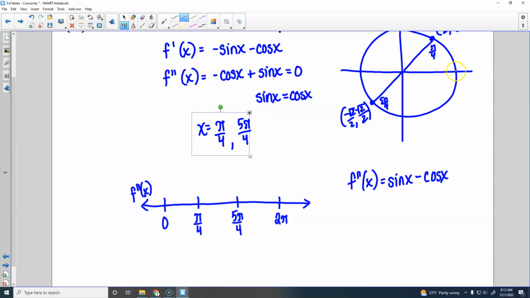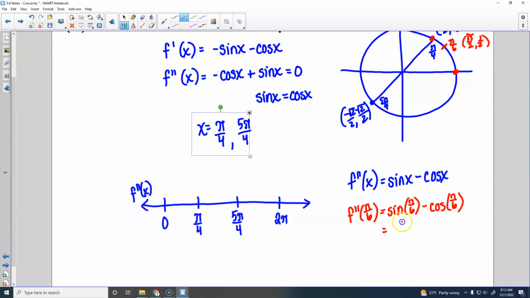If we pick a point between 0 and pi over 4, the only unit circle value we know there is pi over 6. So if I'm doing f double prime of pi over 6, I'm doing sine of pi over 6 minus cosine of pi over 6.